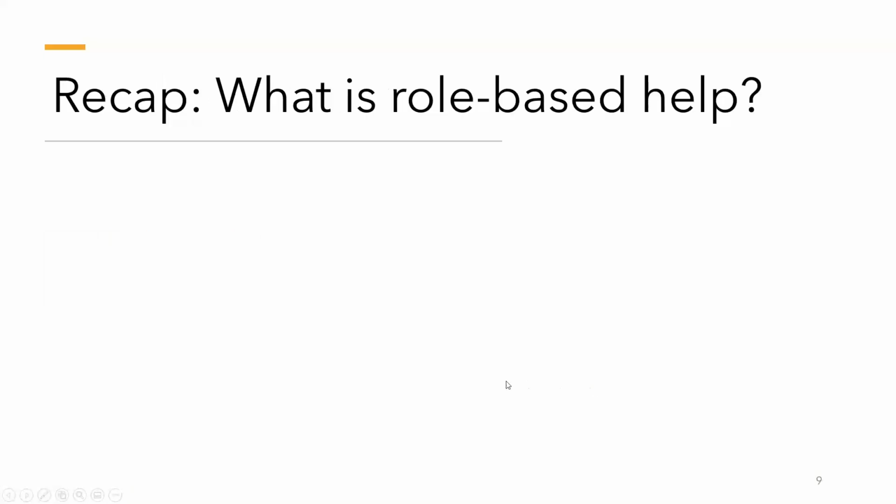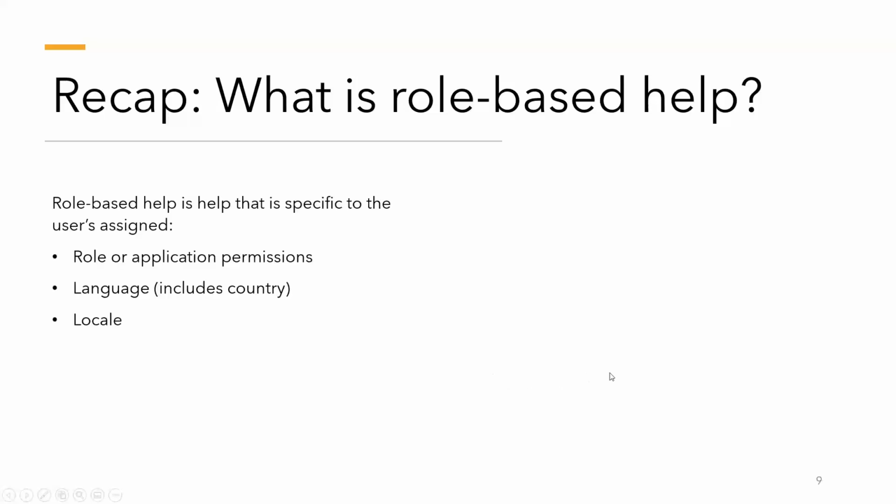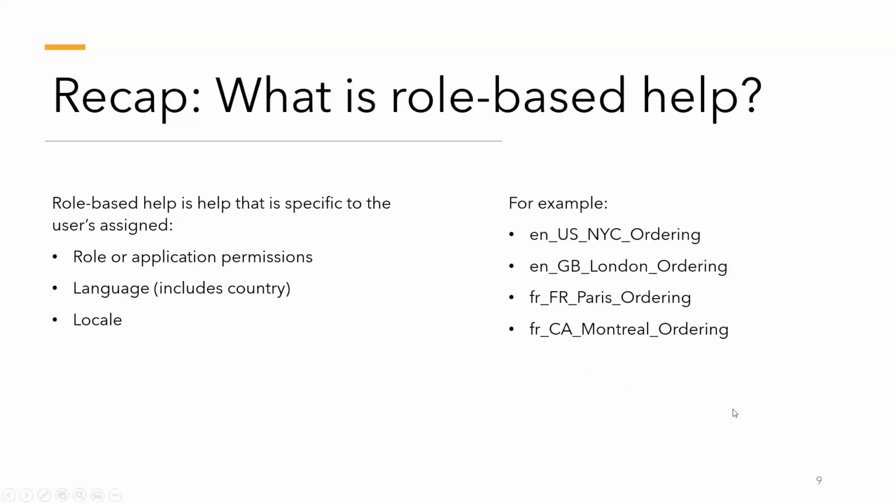So just to recap, what is role-based help? Role-based help is specific to the user's assigned role or application permissions, or the user's assigned language, which includes country, or the user's assigned locale. So depending on your application, you may need to develop and display separate help information for any combination of these different factors.